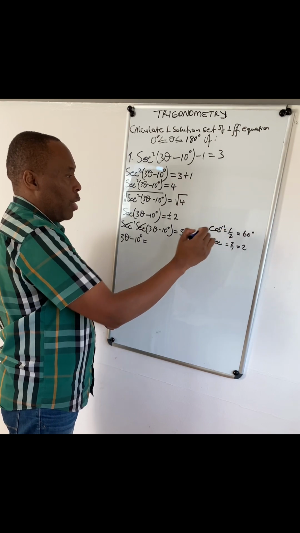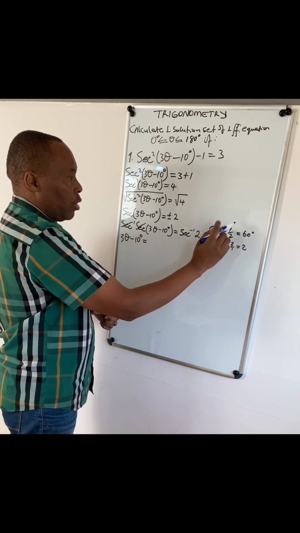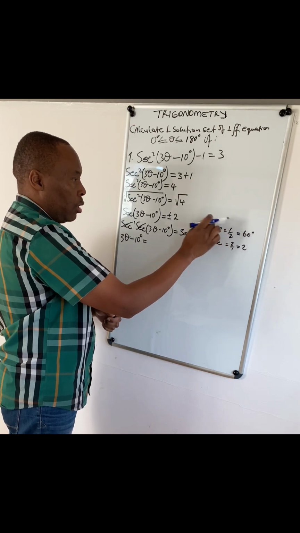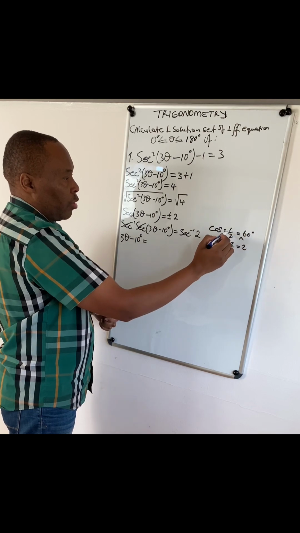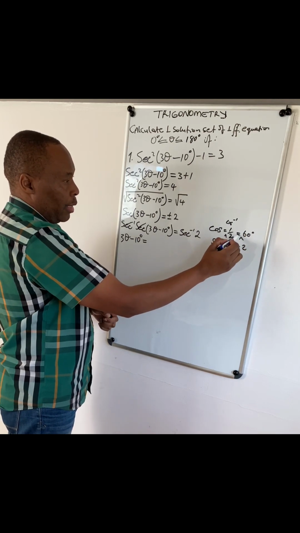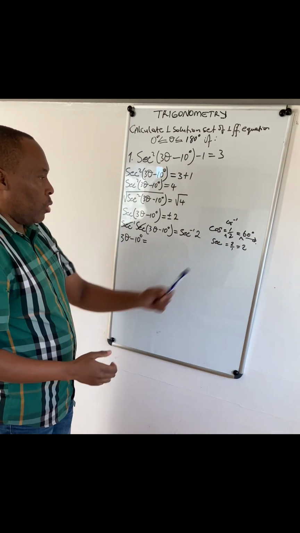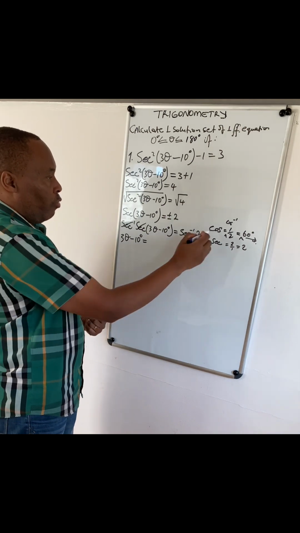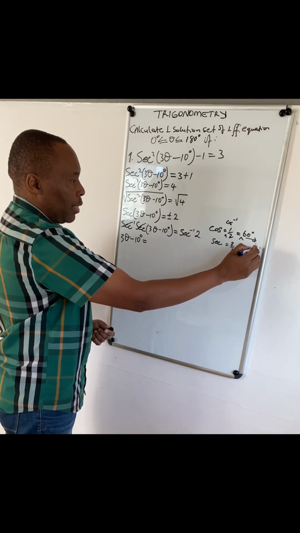So cos arc of a half is 60 degrees. So this is the inverse, of course it's sec, it's 2 over 1, and therefore it is 60 degrees.